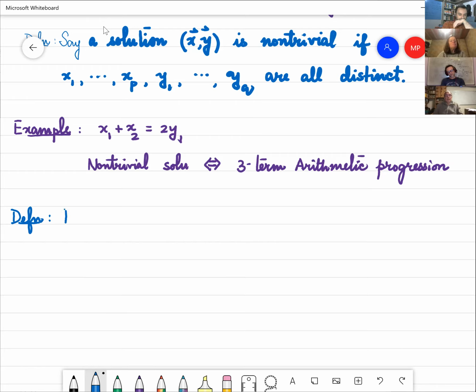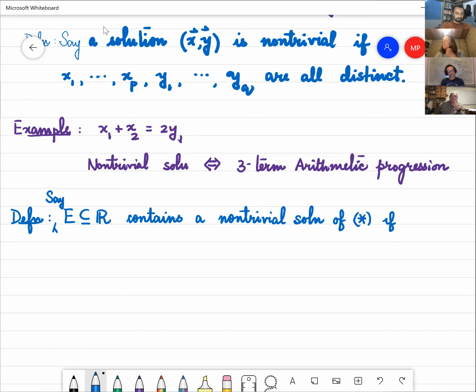Suppose that we have a set E, subset of R. We are going to say that E contains a non-trivial solution of star if there exists xy satisfying that equation, obviously, such that each entry belongs to E, so this belongs to E to the power of p plus q.